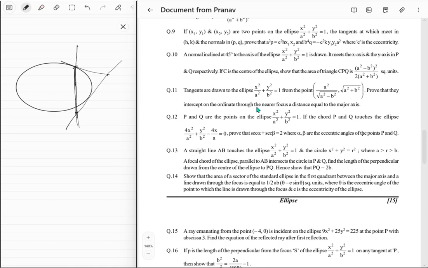How would we try to do this thing? You can figure out the chord of contact. Yeah, that's not really helpful. You will have to figure out the tangents themselves. That's not worth doing, is it? No, it's not. Something else.